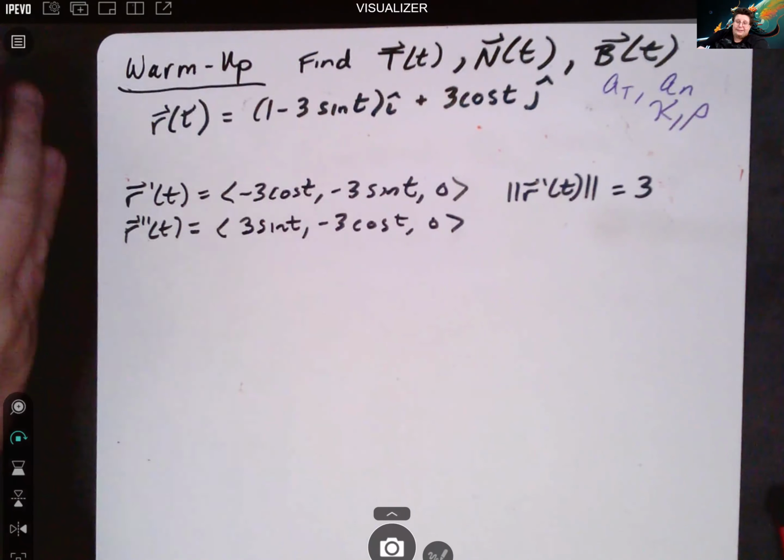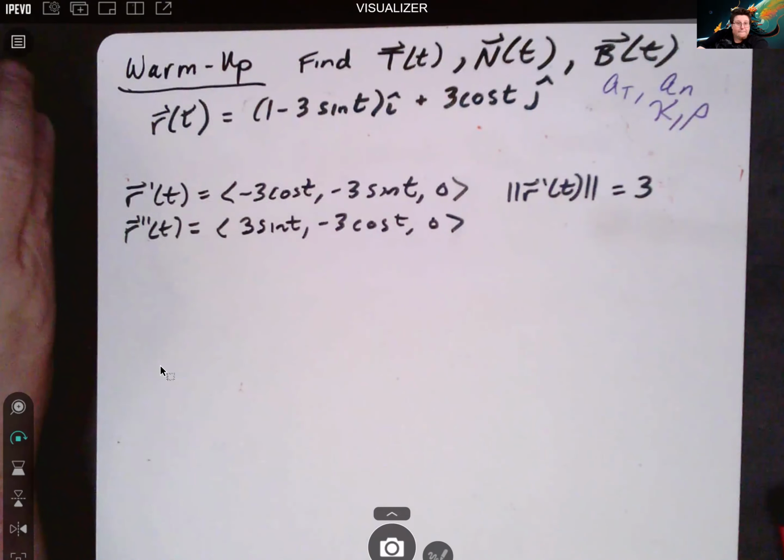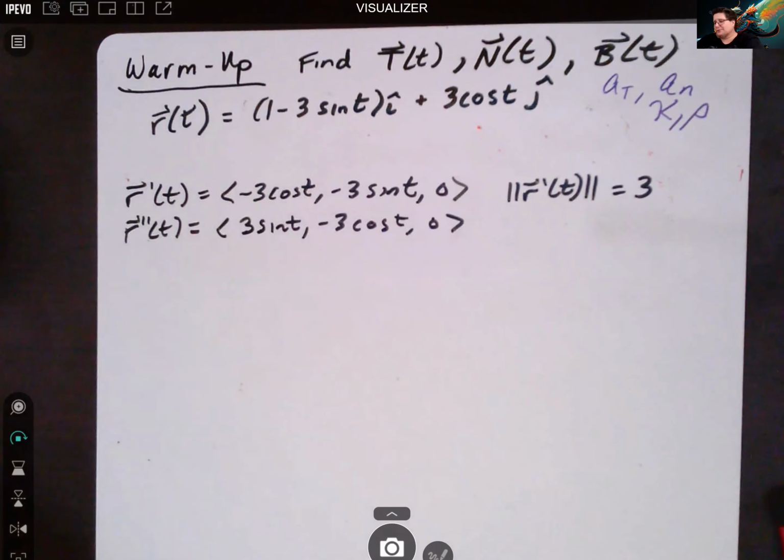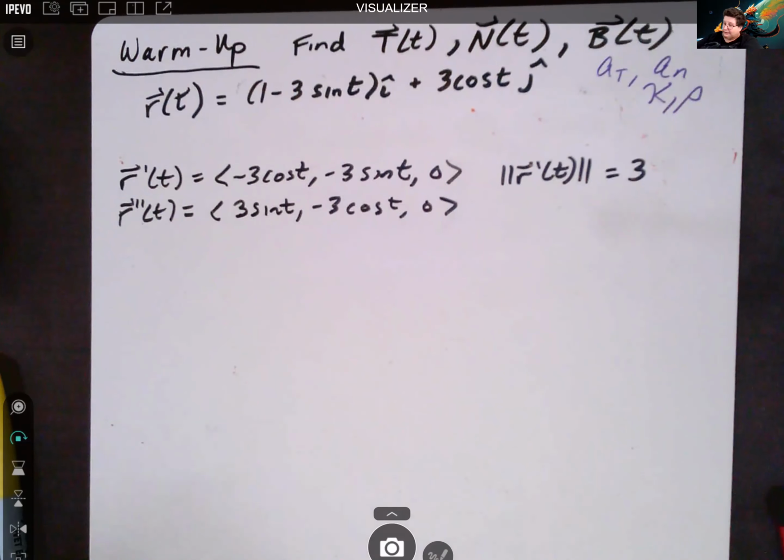I'll go look for you. Chapter 15. Endgame, calculus 3 endgame. We will get to electric fields, or vector fields in general. Electric field is just a common one, so is the magnetic field.